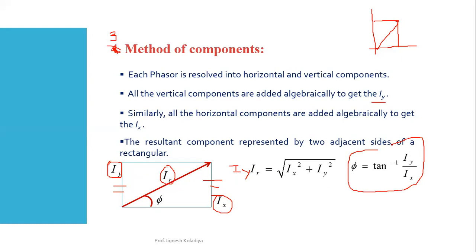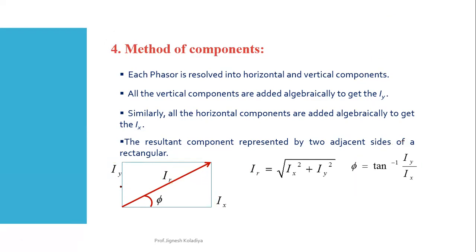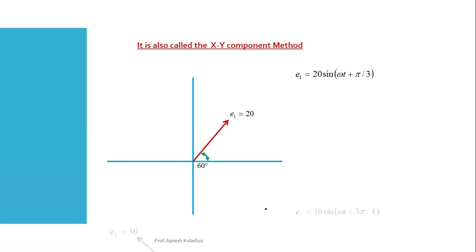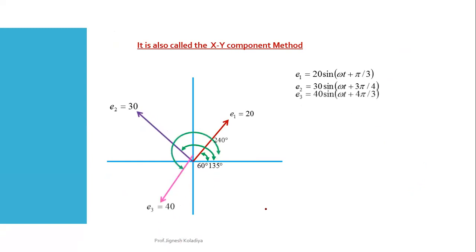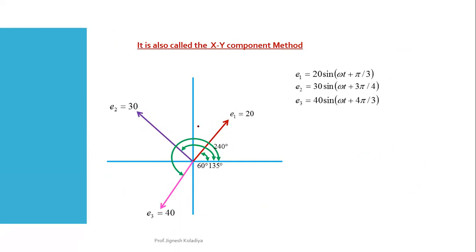Specifically for multiple vectors when it is given. For example, if I'm taking the three vectors again, okay, the same three vectors. In the previous slide, we have just seen the procedure of parallelogram method. Now, the same thing we can do with method of component.